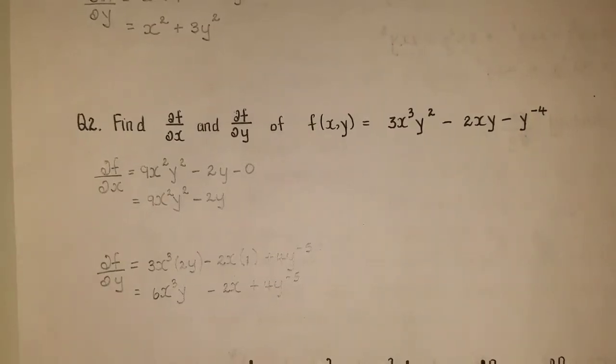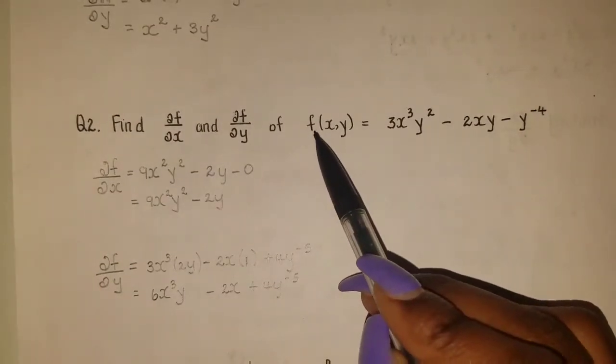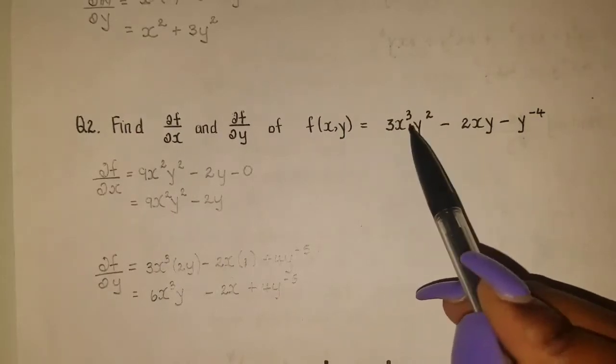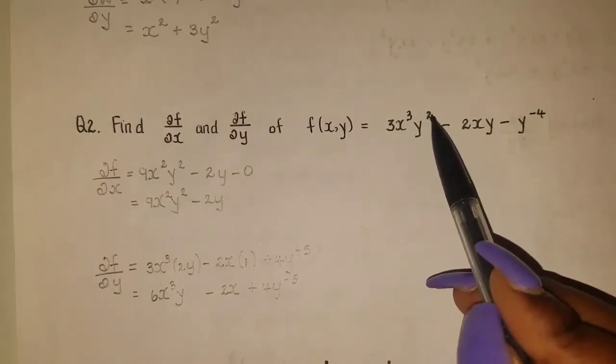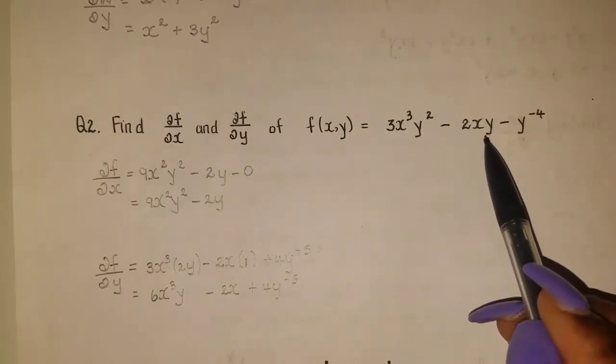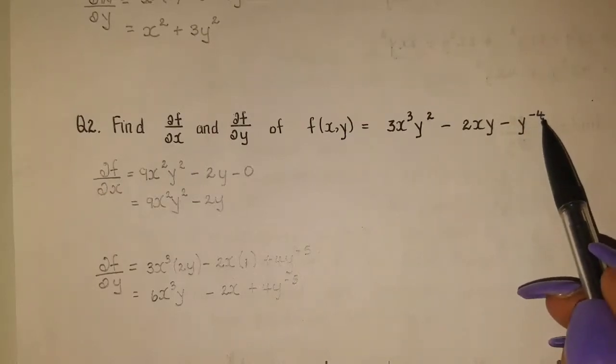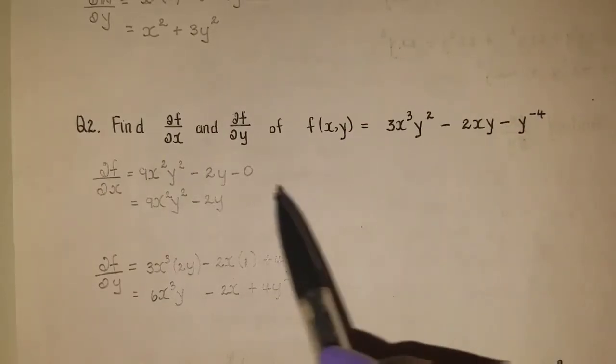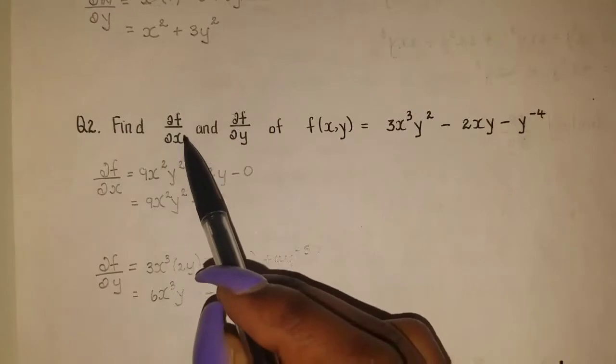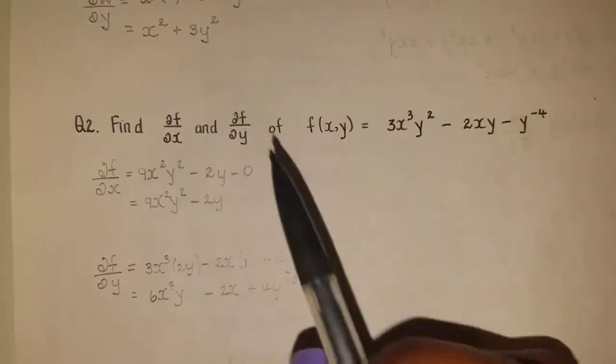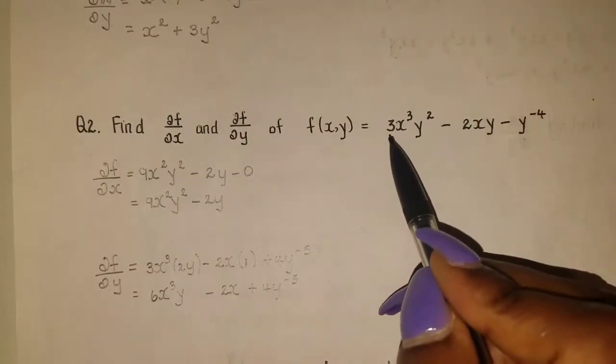In our second question, we have the function f of x, y equals 3x cubed y squared minus 2xy minus y raised to negative 4. Finding the partial derivative of f with respect to x, differentiating the x's.